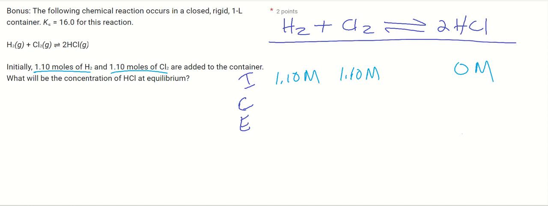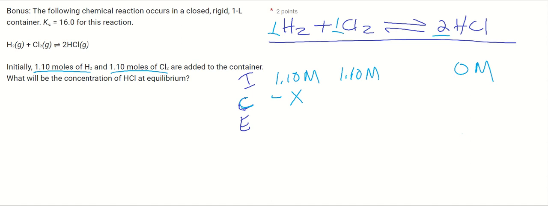Okay, so we know the change, the reactants are going to be used. So I'm going to use a negative x for H2. I'm using the coefficients here, 1, 1, and 2, to get the ratio of the change.